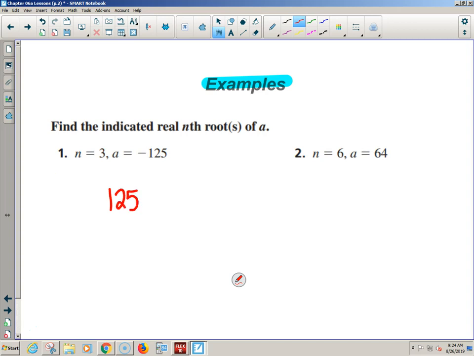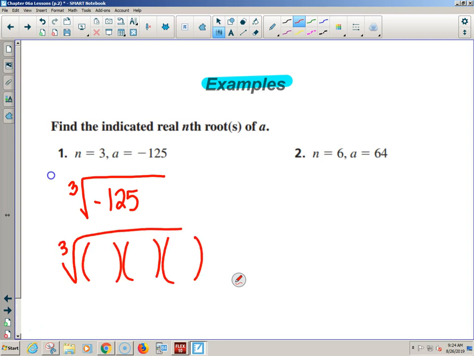Well, it is a square root if there's a 2, but this one has a 3, so we technically would call it a cubed root, or we could call it a radical with a third root. But what else do we need underneath? A negative. So guys, we're looking for a number times itself. Because of that negative, we know each of these has to be a negative.